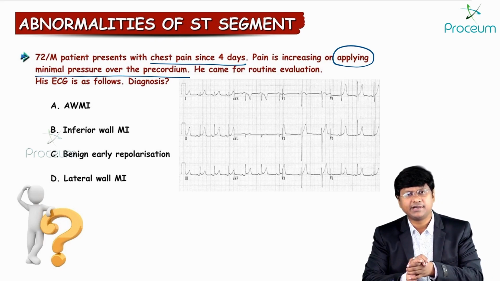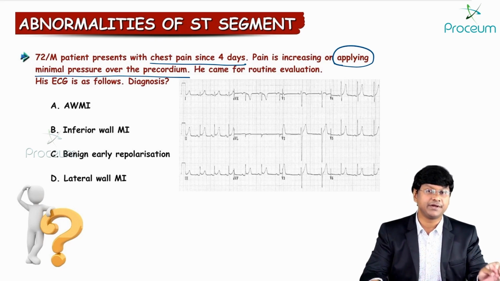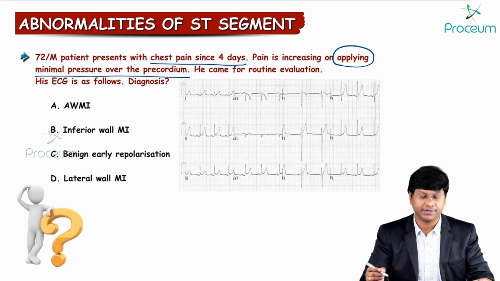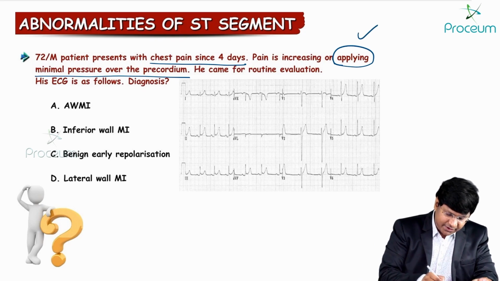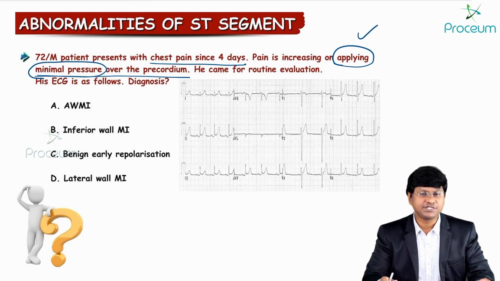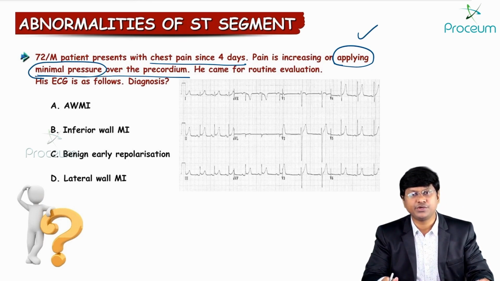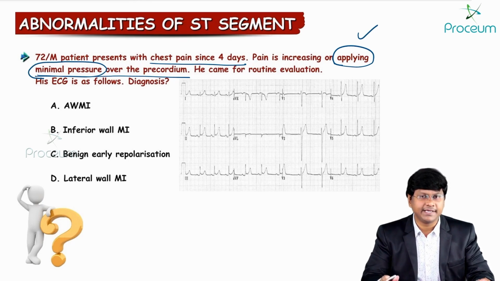The point which is going against myocardial infarction in this clinical scenario is the pain increasing on applying minimal pressure over the precordium. In patients with ischemia or ischemic injury, there is no particular entity like increasing pain upon applying pressure over the precordium.